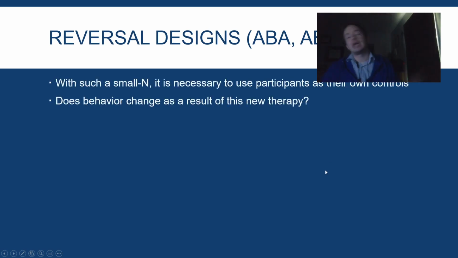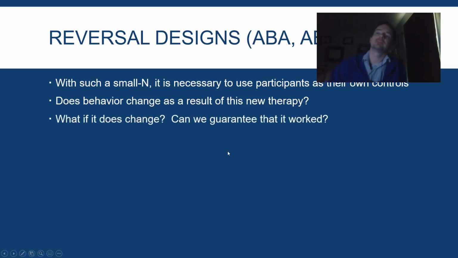So that's a simple reversal design where you have a condition, you do a treatment, and then you do another condition that goes back to the baseline. So sometimes you'll hear this called ABA design. So baseline, treatment, baseline. Sometimes we hear it called an ABAB design. So baseline, treatment, baseline, treatment.